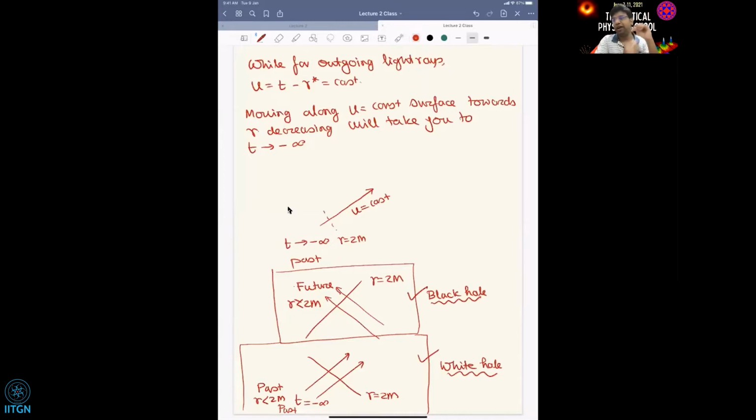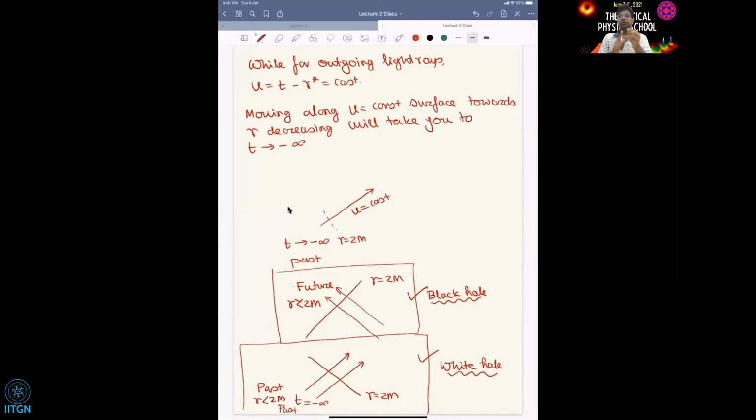Note that if I am on a time-like curve inside r less than 2m, say r equal to m, which is inside r equal to 2m, if I have to move on a causal, non-space-like curve, r must decrease.